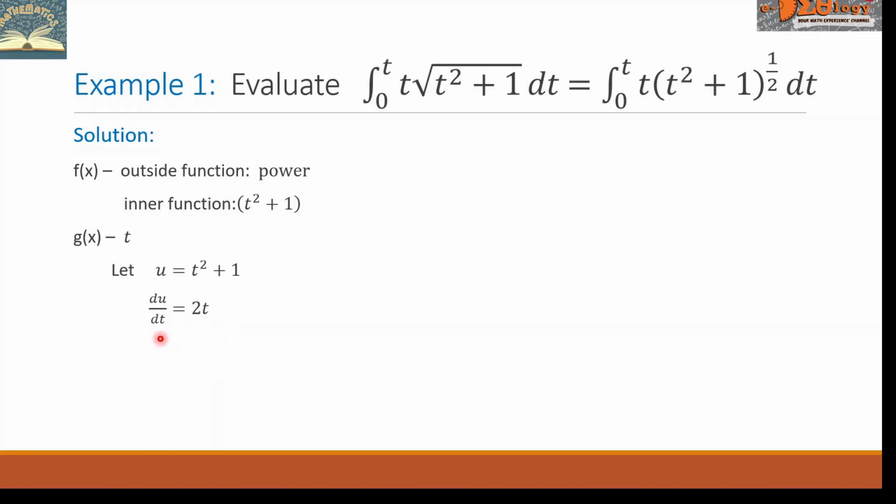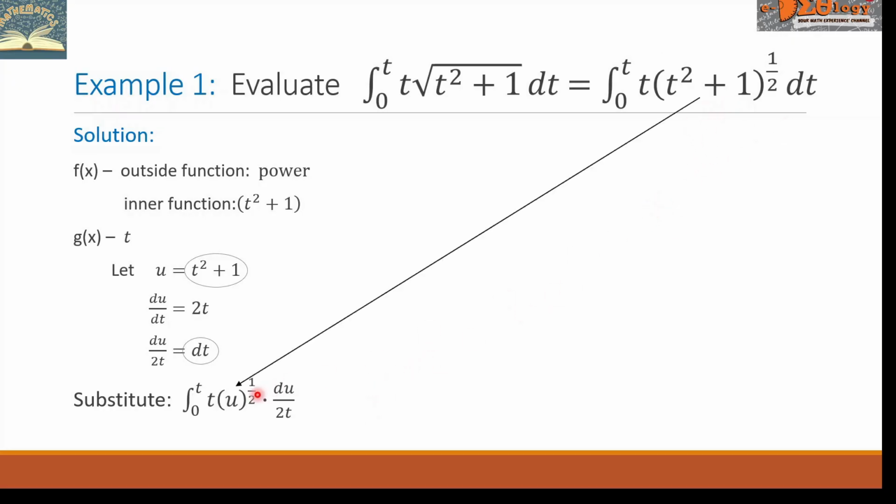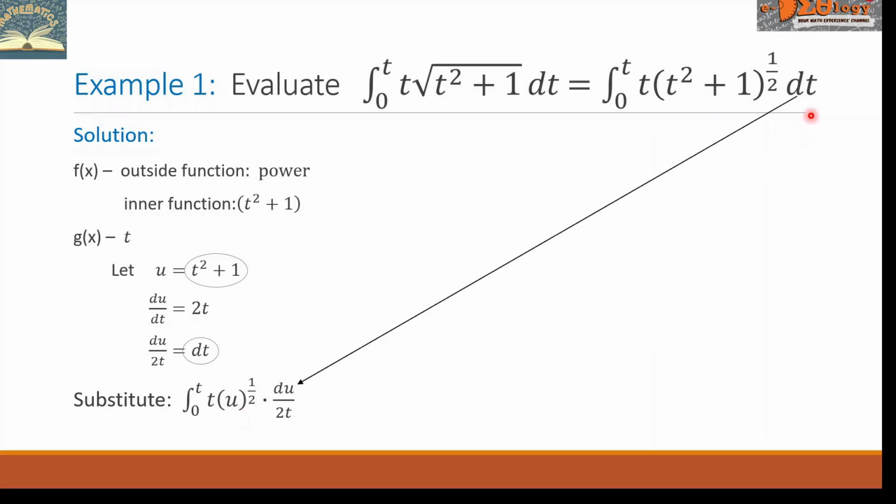Then we solve for dt. We cross multiply, so dt equals this left value. We need the two values, this t squared plus 1 and dt, for our substitution. For our function here, we write like this. The t squared plus 1 now becomes u, and the dt is now replaced by du over 2t.